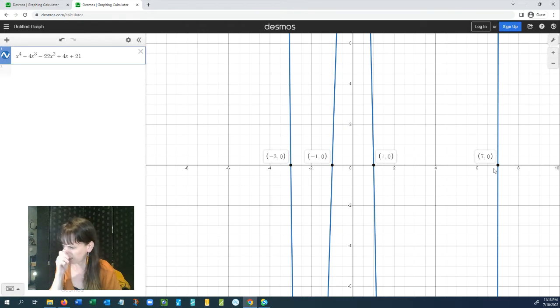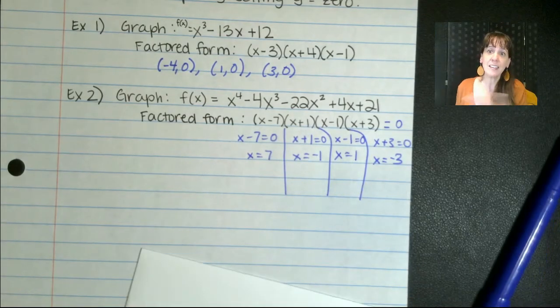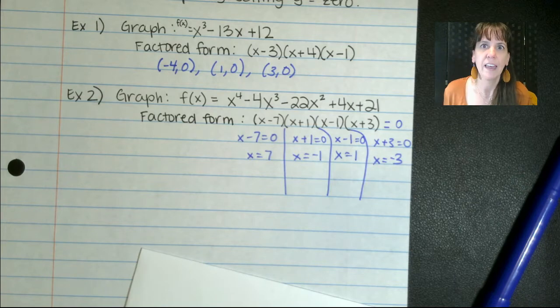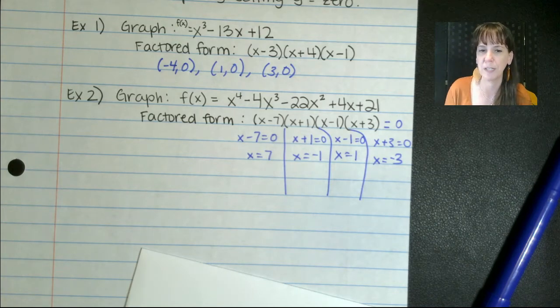Did I type that in correctly? Oh yeah, I have 7 on my list. So that is just what it looks like when you're graphing. In order to solve a polynomial and you have a graph of it, all you do is look at your x-intercepts and see where it crosses on your x, and those are your solutions to that polynomial.